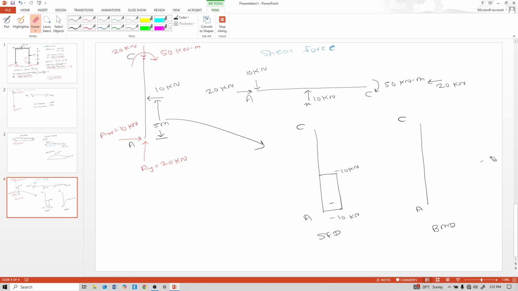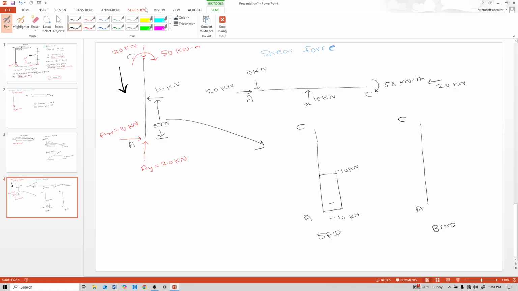Always calculate shear and moment here from C to D, from top portion to bottom portion, because of errorless calculation. If we go from here, see, at C clockwise 50 kilonewton meter.